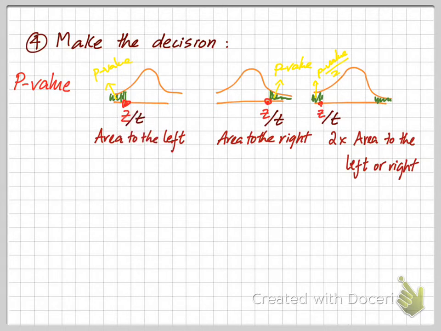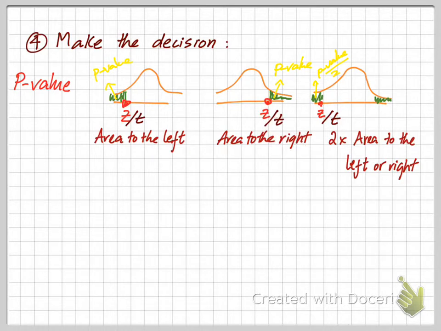For the right tail test, the p-value is the probability of the area to the right of the test statistic, the area to the right of the test statistic z or t.